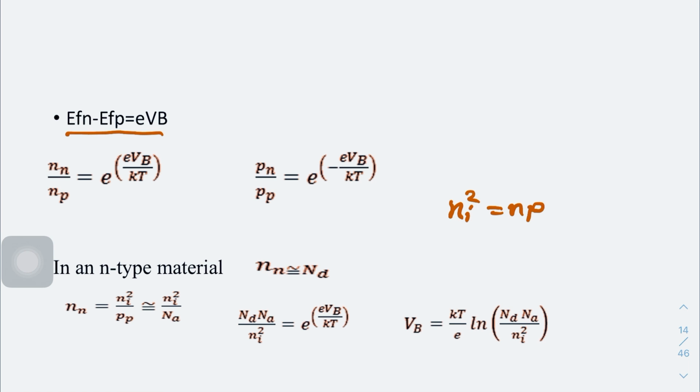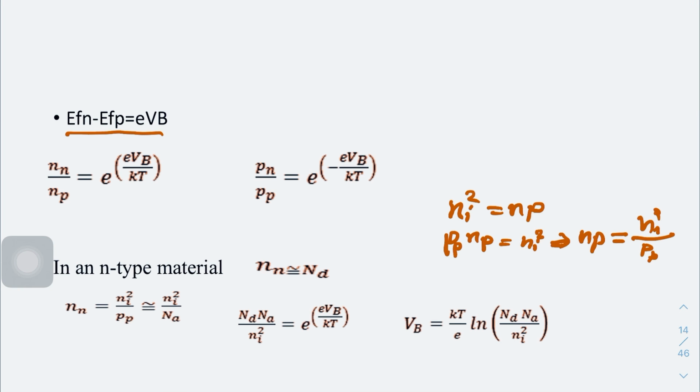Therefore, if we take this relation for the p side, we have p sub p multiplied by n sub p equal to ni squared. Therefore, n sub p is equal to ni squared over p sub p.